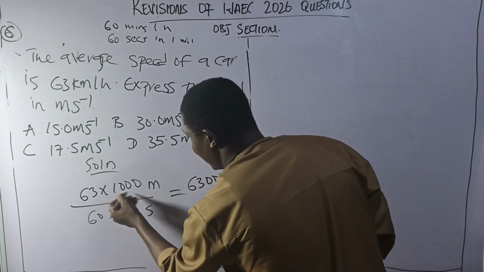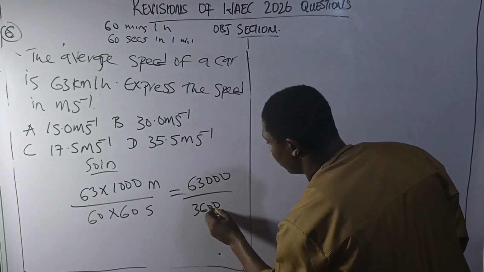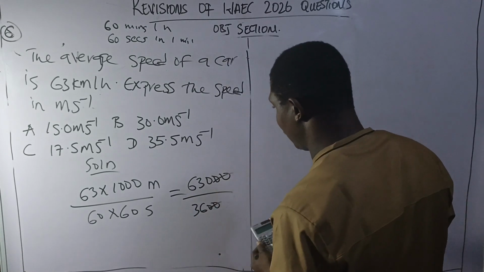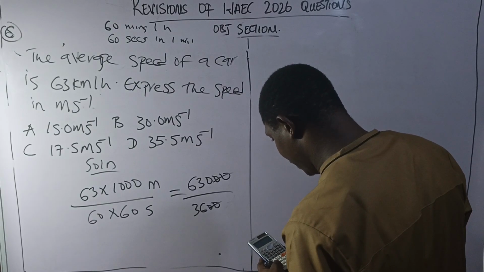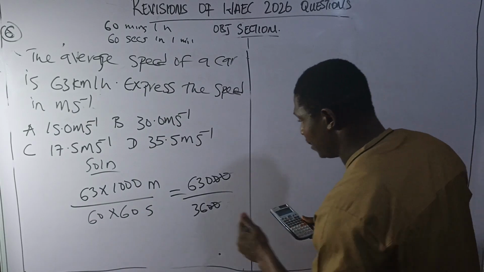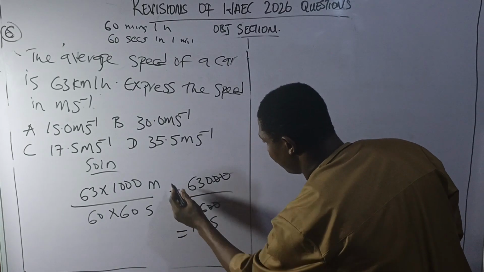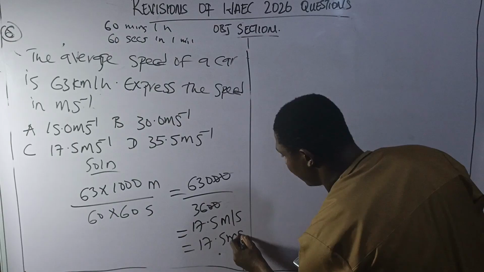You just put your 63, you add the 3 zeros. 60 times 60 will give me 3,600. These 2 zeros can cancel these 2 zeros, and I have 630 divided by 36, giving me 17.5. So I have 17.5 meter per second, which is the same as saying 17.5 m s to the minus 1.